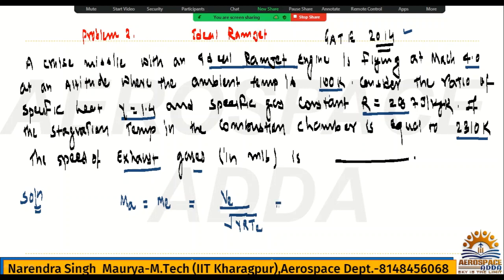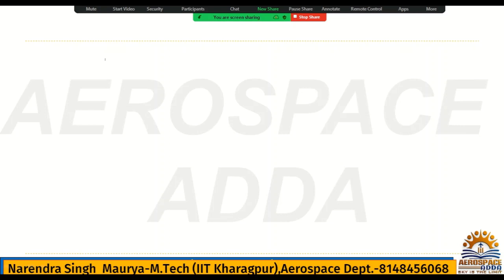MA, flying at Mach number of 4.0, so MA is given 4.0. We need to calculate VE. What is the exit velocity VE now? VE is nothing but 4.0 times root of gamma R TE. This is what we call exhaust velocity or exit velocity.